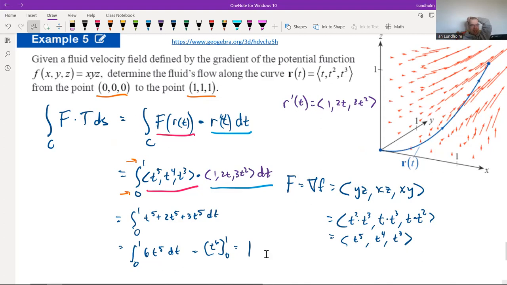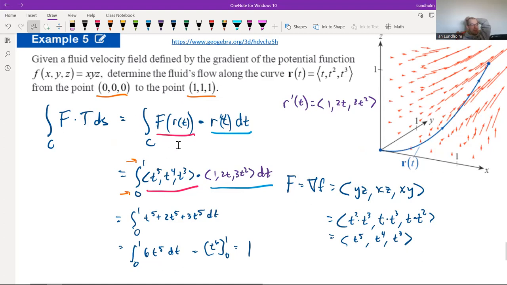So we're taking the dot product between force field vectors and the displacement vector. In this case, we've already got r of t parameterized. If we're going from 0, 0, 0 to 1, 1, 1, that means we're going from t equals 0 to t equals 1.